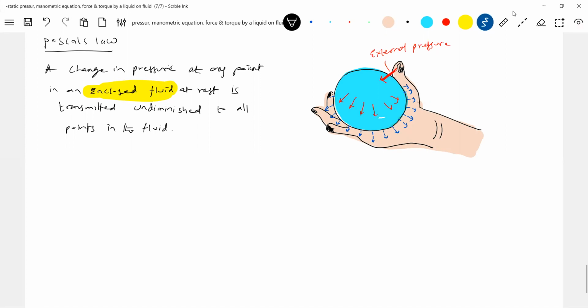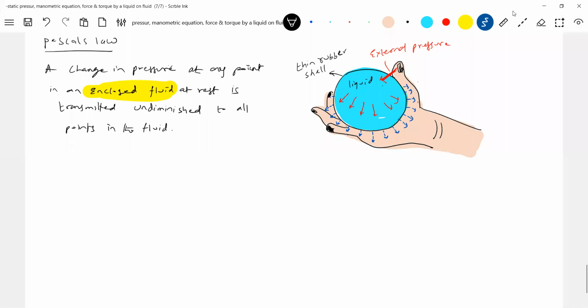Only using the thumb, I'll press it. So this is like a thin rubber shell. This is the liquid. I can't hold it like this. With only the thumb, I'll press it. I'll exert a force only using the thumb.